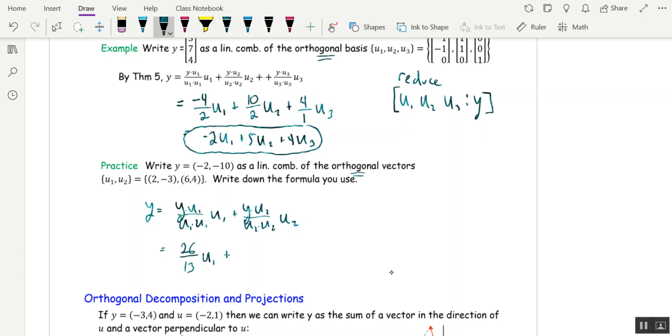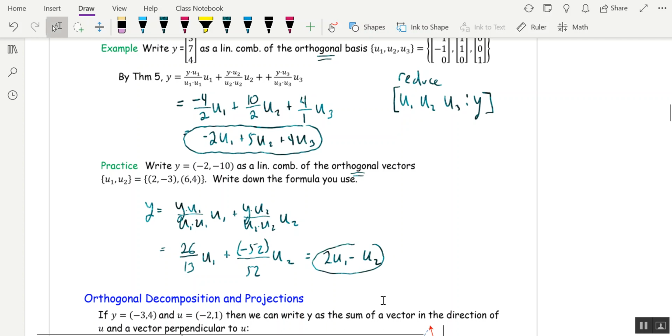And then I want y dot u2, which is -12 minus 40, so -52, put parentheses around that, and then over u2 dot u2, 36 plus 16 is 52, so we get 2u1 minus u2.